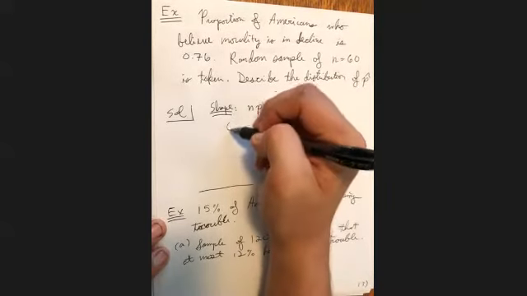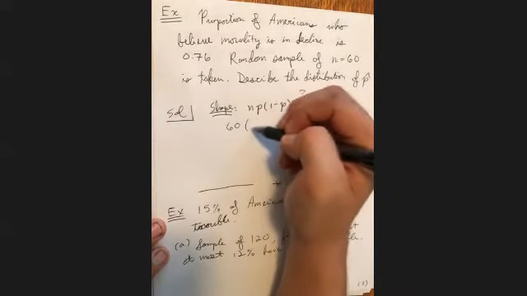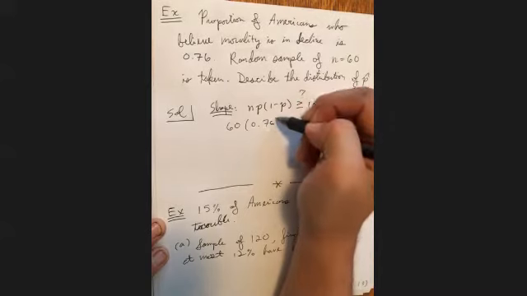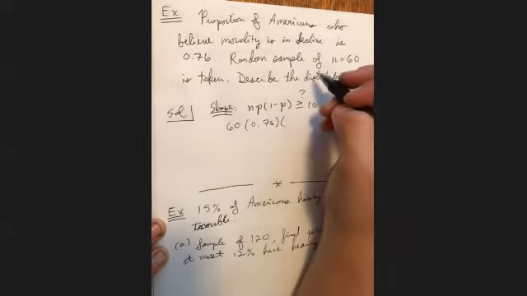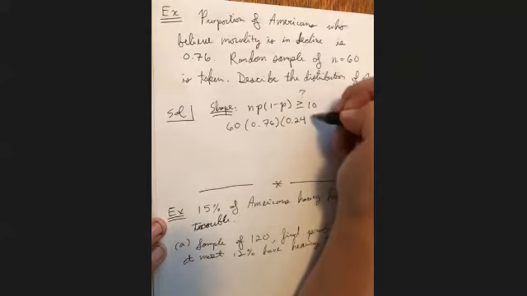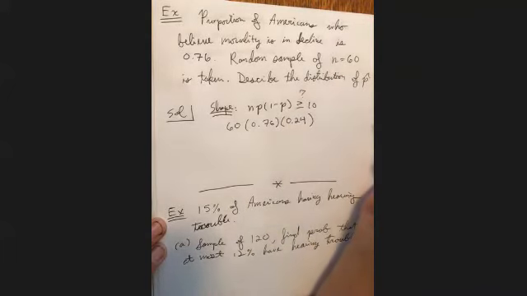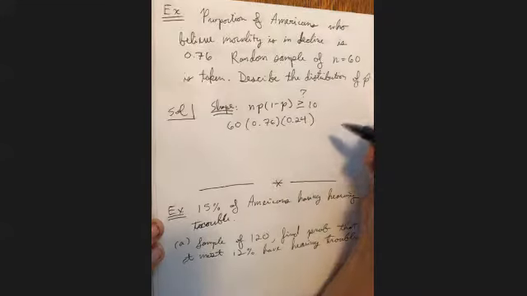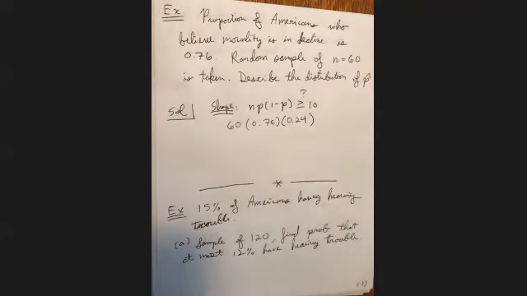So n here is 60, p is 0.76, 1 minus p is 0.24. So we're going to multiply these three numbers together and see what happens.